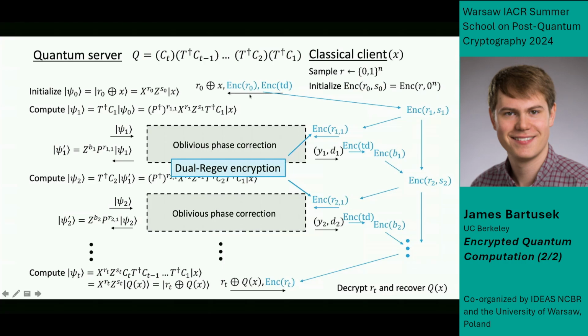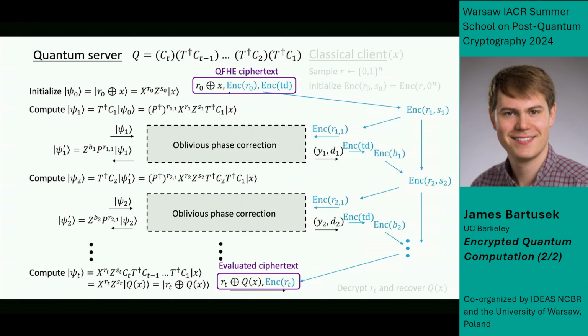So what the client could have done is just send the encryption of the original one-time pad along with an encryption of the trapdoor to the server, and the server by itself could just be doing all of this computation without any help from the client, okay? Does this make sense?